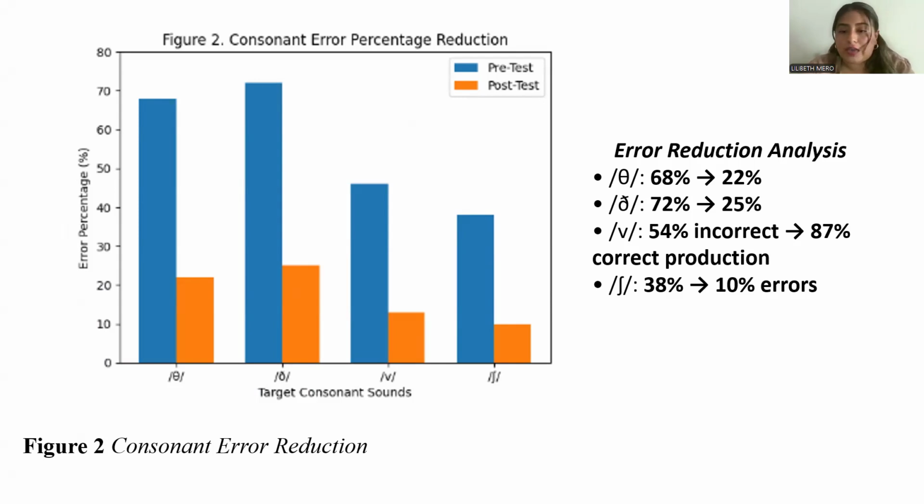And finally, the last sound errors decreased from 38% to 10%. These results show that the sounds most affected by Spanish phonology transfer, especially symbol number one and symbol number two, showed the strongest improvement.